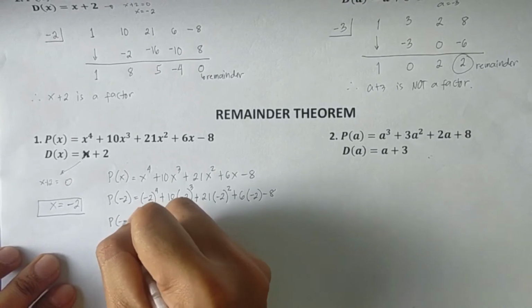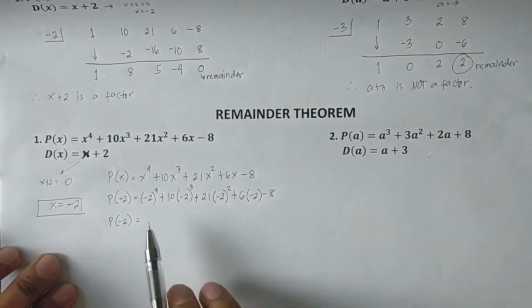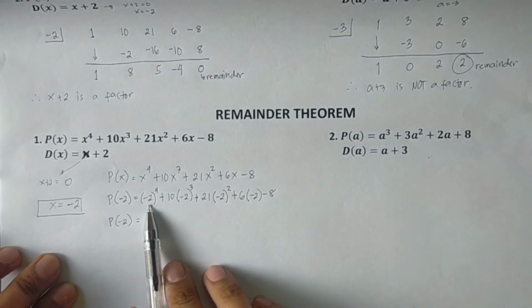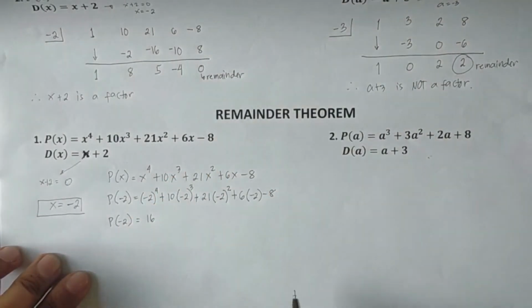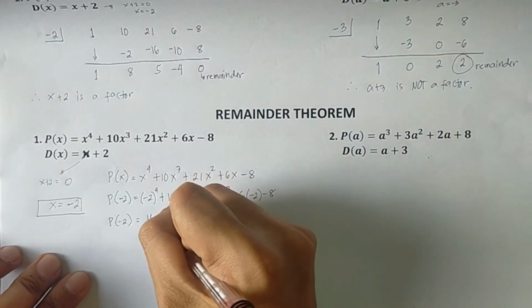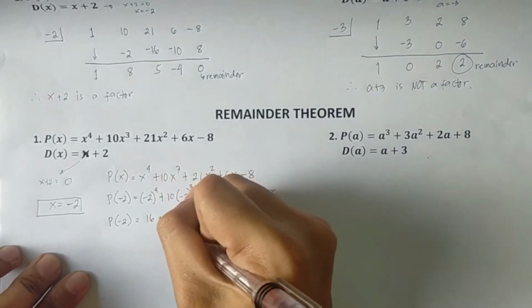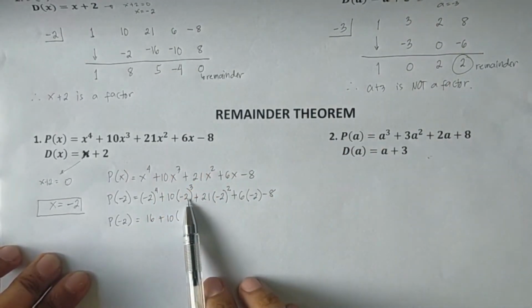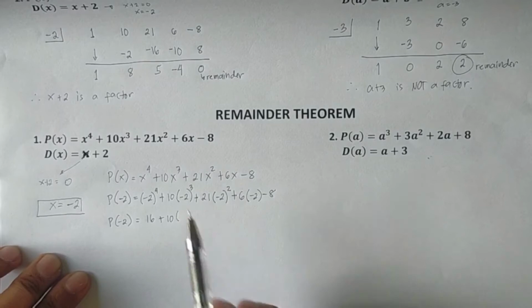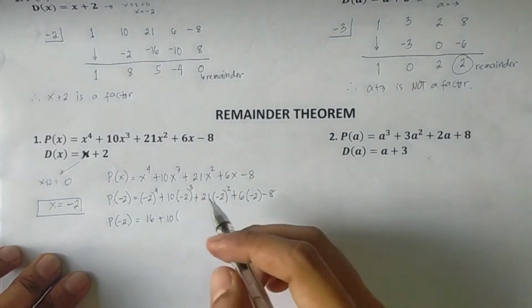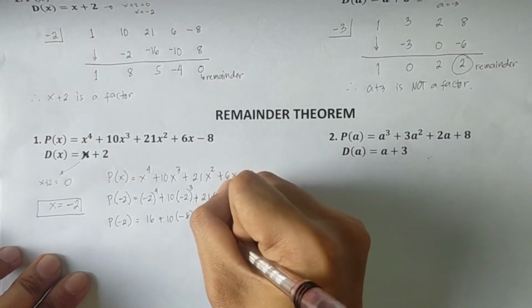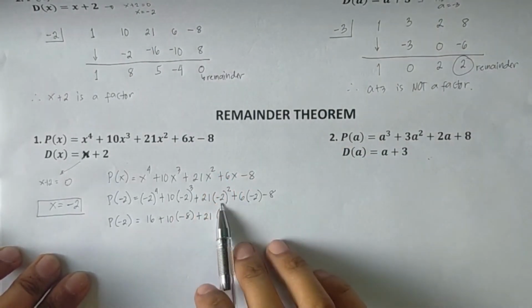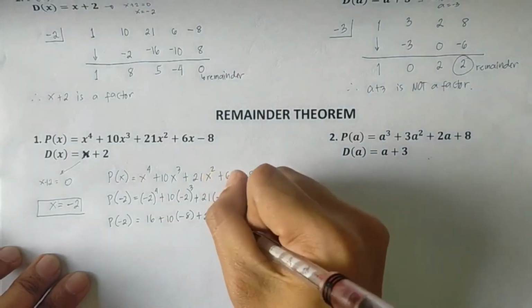So p of negative 2 is equal to, what is negative 2 times negative 2 times negative 2 times negative 2? That is positive 16, plus 10 times negative 2 cubed, that is negative 8, plus 21 times negative 2 times negative 2, that is positive 4.